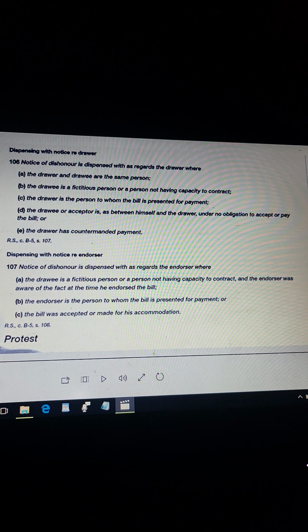Notice of dishonor is dispensed with as regards the endorser where: A. The drawee is a fictitious person or a person not having capacity to contract, and the endorser was aware of the fact at the time he endorsed the bill. B. The endorser is a person to whom the bill is presented for payment, or C. The bill was accepted or made for his accommodation.